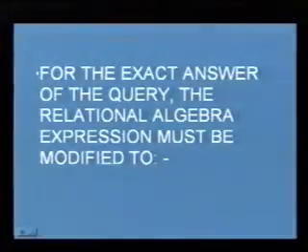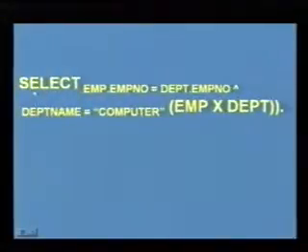For the exact answer of the query, the relational algebra expression must be modified to this expression, that is select EMP.EMP-NO is equal to DEPT.EMP-NO and department name is equal to computer, followed by the Cartesian product of EMP and DEPT in parenthesis.